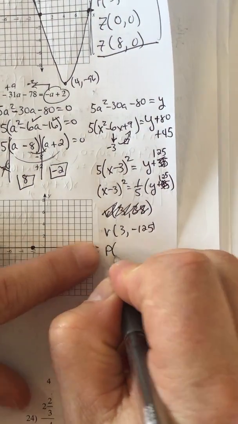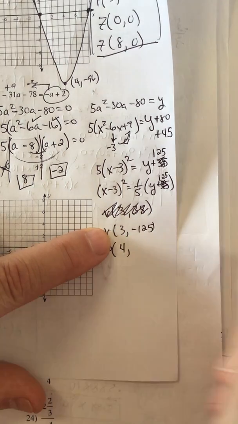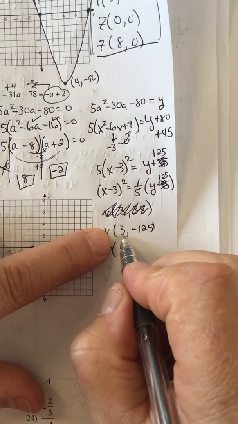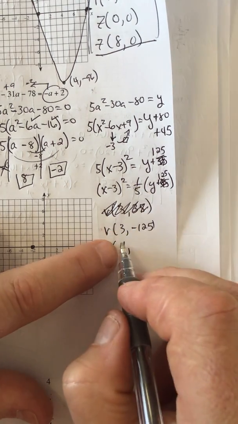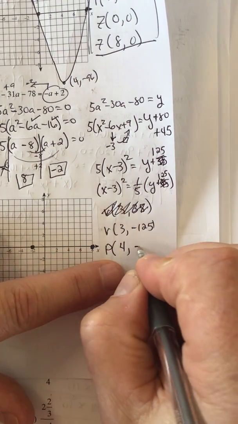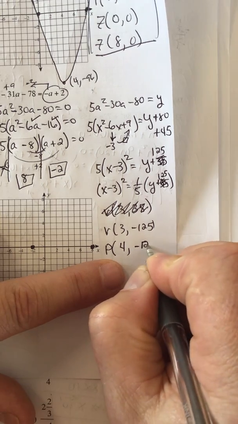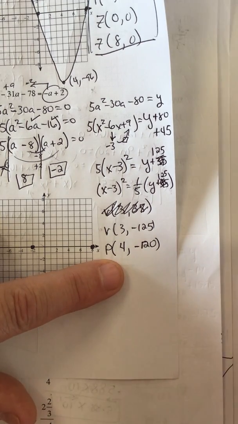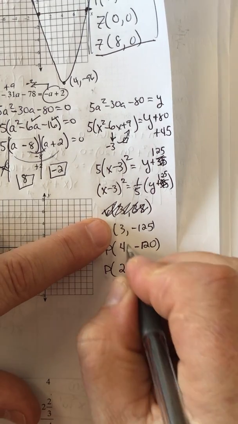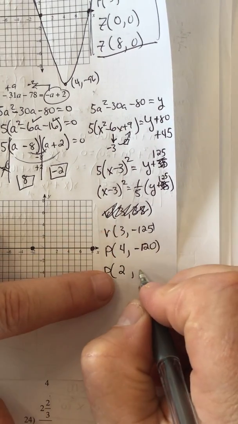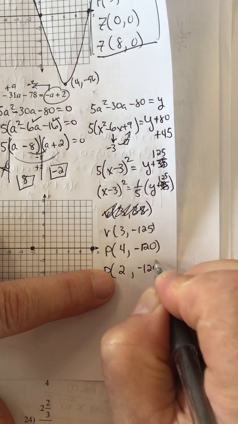Okay, so I'll go 1 point more on the x, so I should go over 1 and add 1 here, but the y is multiplied by 5, so go over 1 up 5. That puts it at negative 120. And going 1 the other way puts the x at 2, and 5 up from that is negative 120.